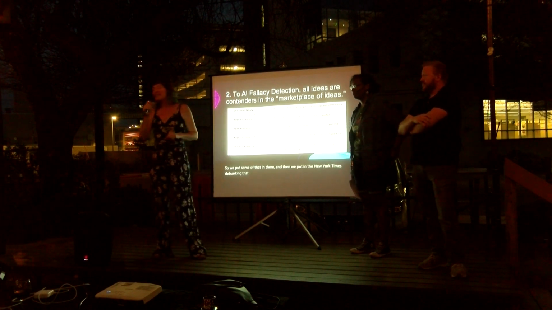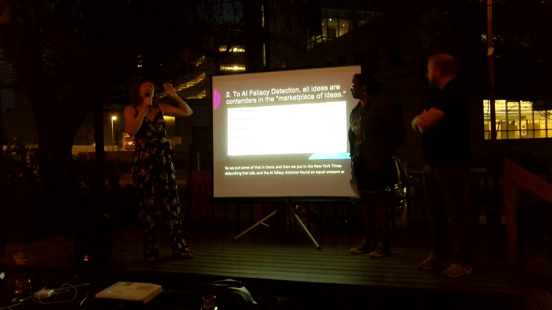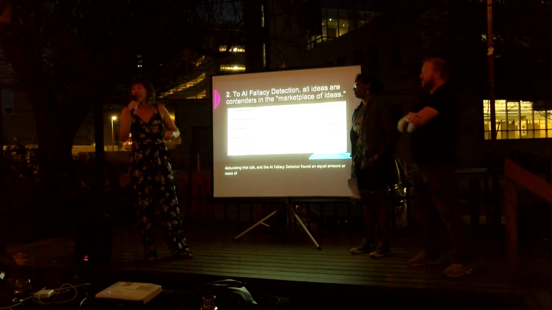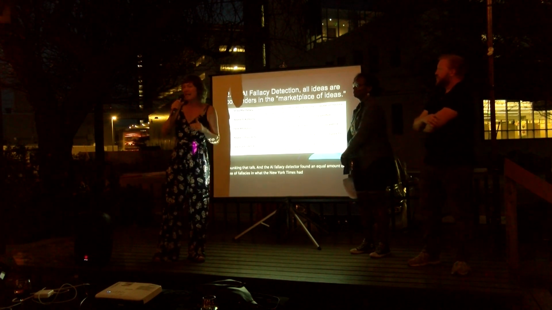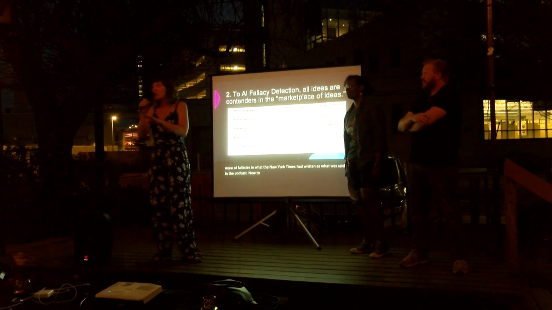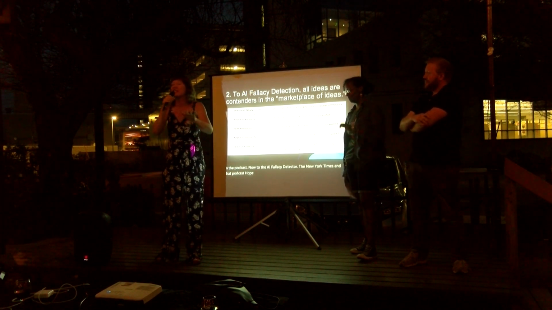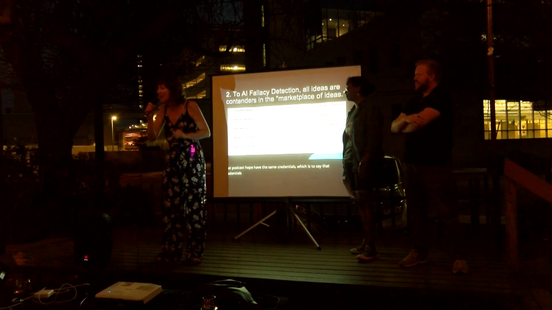And the AI fallacy detector found an equal amount or more of fallacies in what the New York Times had written as what was said in the podcast. Now, to the AI fallacy detector, the New York Times and that podcast host have the same credentials, which is to say that credentials are not important at all.